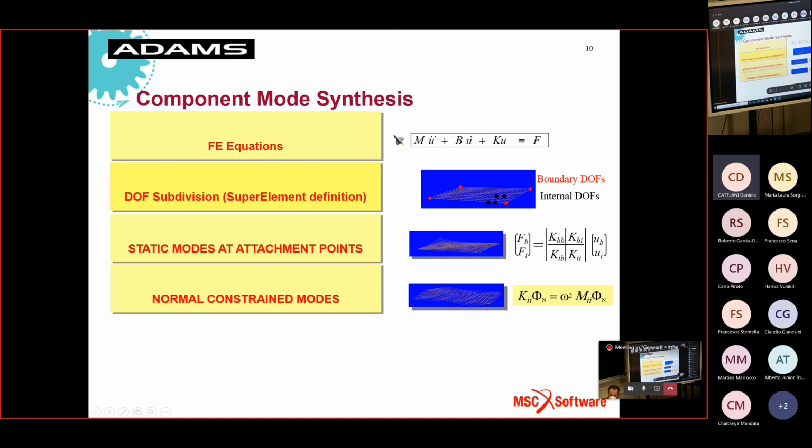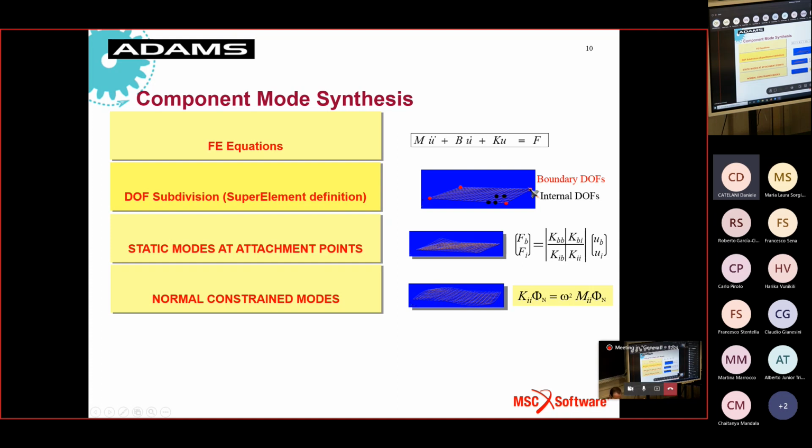You define only the location of a joint or applied force in Adams. So in this case, we have a simple plate, and we decide that in correspondence of every corner of this plate, in Adams, we will create something like a joint, like a force. So in the finite element code, we define these nodes as interface nodes.